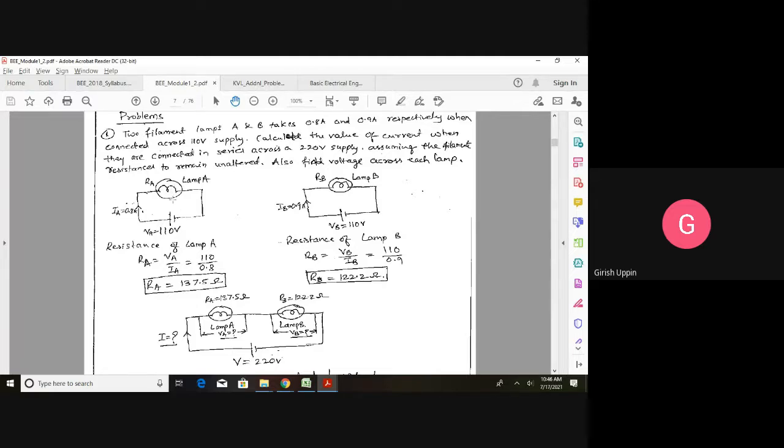So this resistor is connected across 110 volts and the current is 0.8 amperes. We know V and we know I, so we can calculate R. RA is equal to VA by IA, 110 by 0.8. We get the resistance of lamp A as 137.5 ohms. Similarly, we can calculate the resistance of lamp B, which comes as 122.2 ohms.